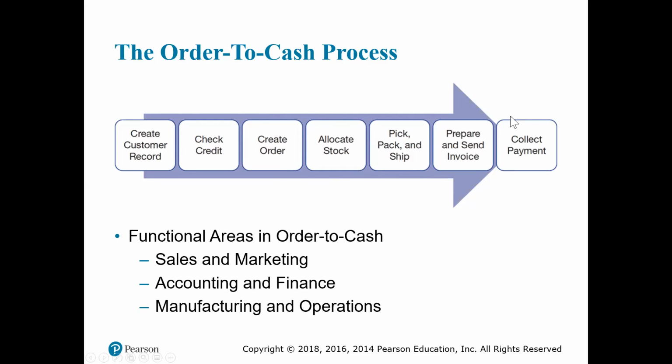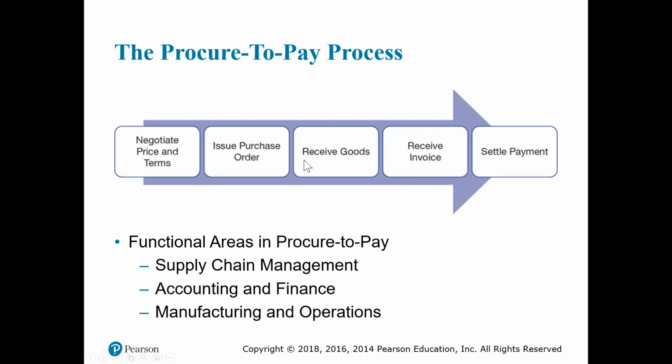It is about every aspect of receiving an order, fulfilling it, and receiving payment for the same, right? For a business organization, selling products or services is the main way of generating revenue, right? And then the second process is the procure to pay process.